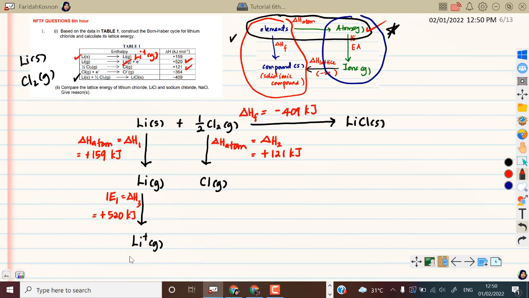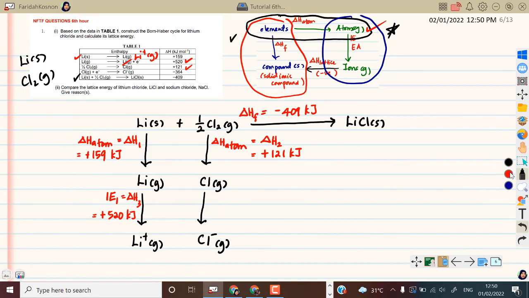Okay, the gaseous atom, we have converted it to lithium gaseous ion. The same goes for the non-metal. Chlorine gaseous atoms must be converted to chloride gaseous ions, where the chlorine gaseous atom actually gains an electron. We just do not show the electron here.